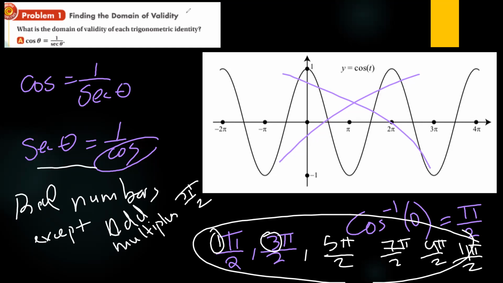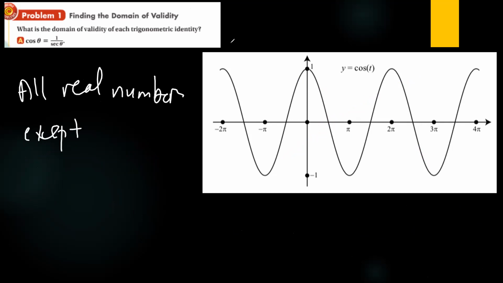Is it clear now? You can say it's all real numbers except odd multiples of pi over 2.